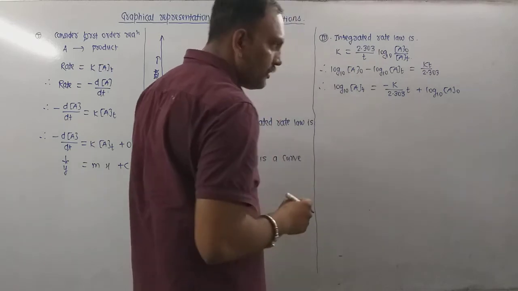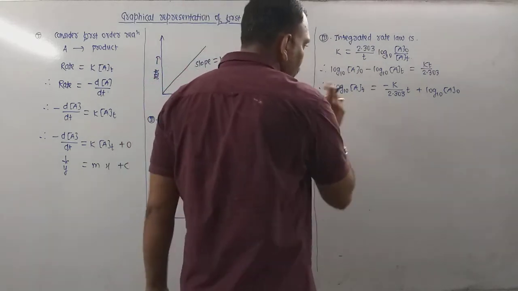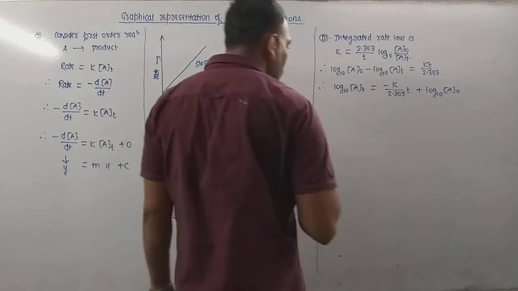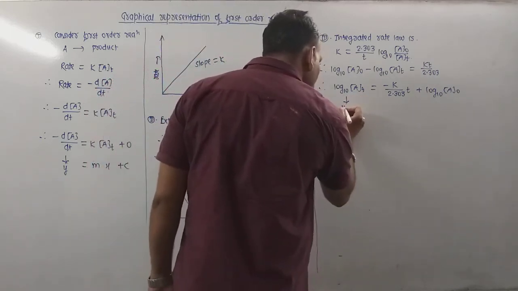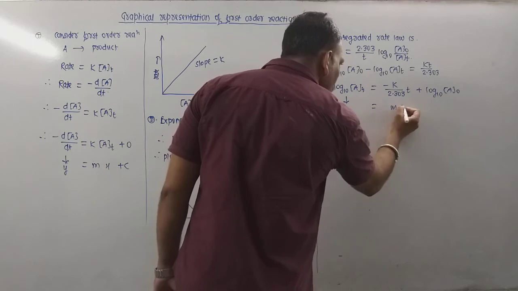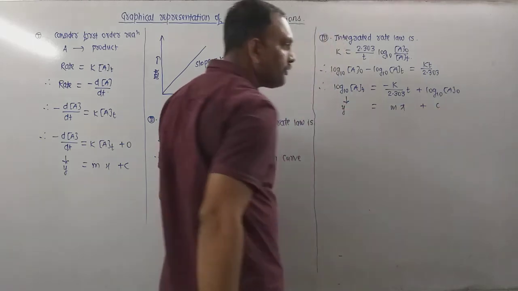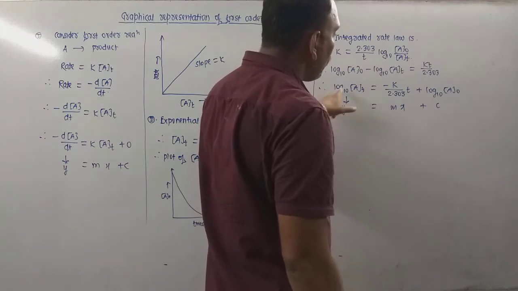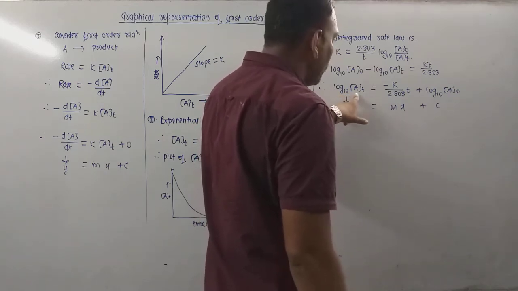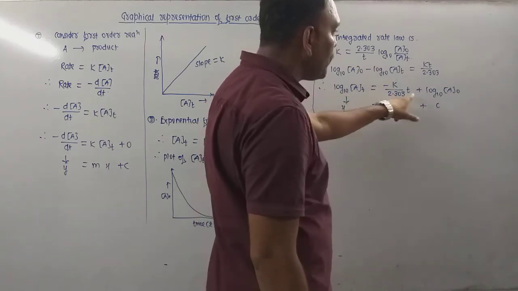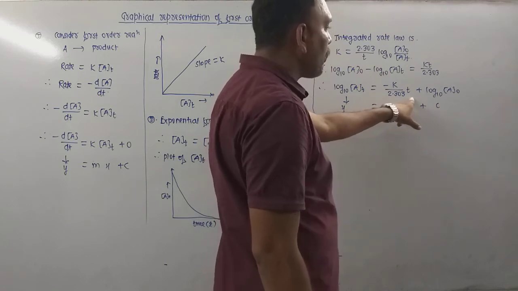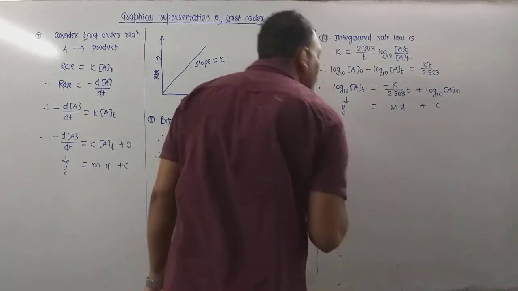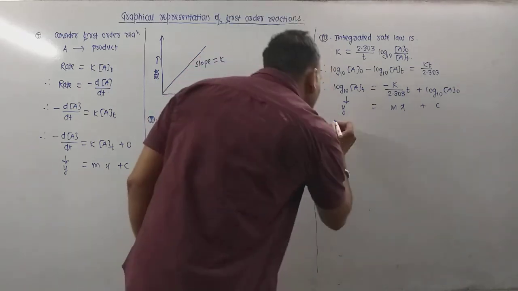Now remember, this equation clearly resembles the linear equation for a straight line, that is y is equal to mx plus c. When we plot log of concentration of A at t versus time t, the slope obtained is minus k by 2.303, and a straight line is obtained.